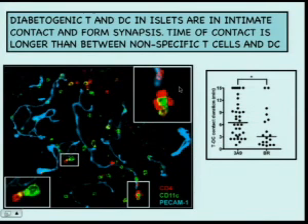This is an entire islet. The vessel walls are seen in blue, stained for PECAM. The DCs are in green. Here's the typical DC that I've been telling you about, plastered to the vessel wall. But then outside the vessels, you find a number of T cells already coming in.